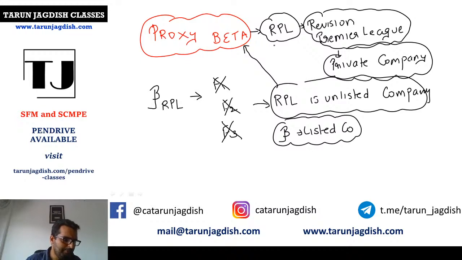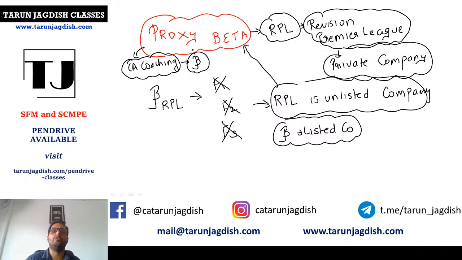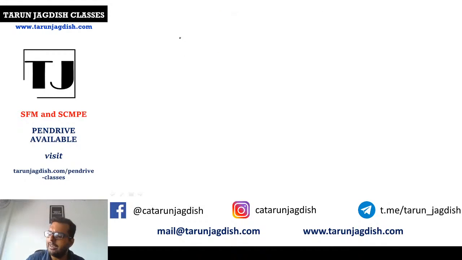Proxy beta means RPL will have to take any CA coaching company which is already listed in the share market. From that they can find out the beta of that company. Let's assume MT Educare, Mahesh Tutorials, is a company listed in the share market.